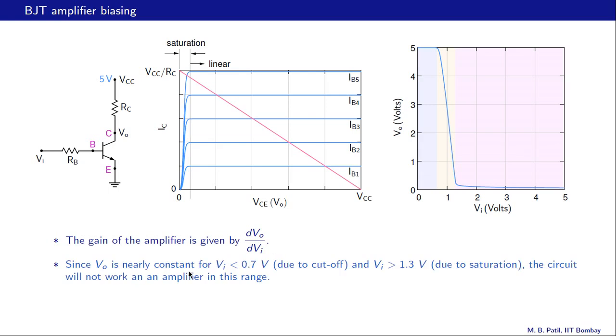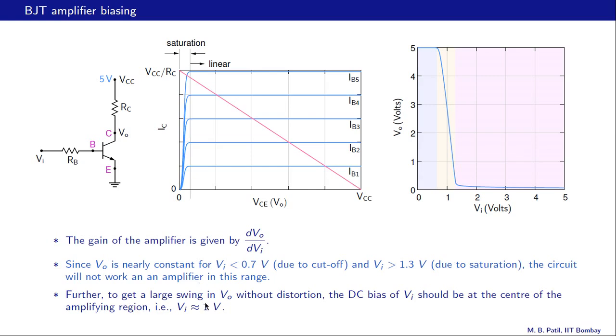Since VO is nearly constant for VI less than 0.7 volts, and that happens because of cutoff, and also VO is nearly constant for VI greater than 1.3 volts, and this 1.3 volts of course is specific to this example with some given values of RC, RB and VCC. In these two regions, the circuit will not work as an amplifier, because the slope here as well as the slope here is nearly zero. So it is not really useful for amplification.